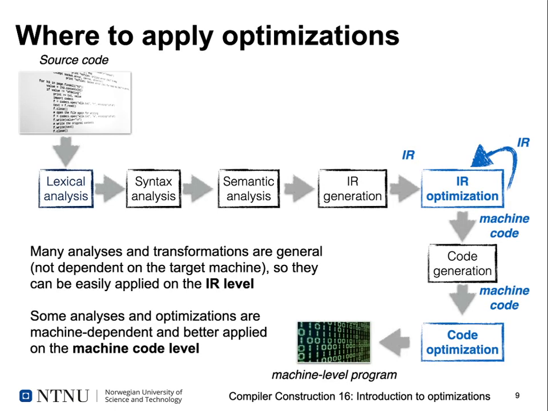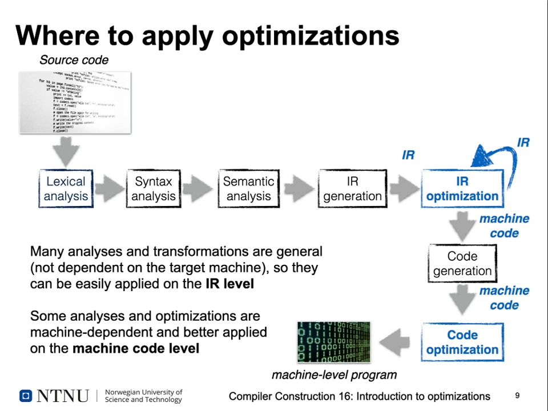So where are optimizations applied in our compiler toolchain? You've all seen this diagram a number of times before, and the last time we were here generating intermediate representations, and this intermediate representation level has especially been introduced to make it easier to write machine-independent optimizations.